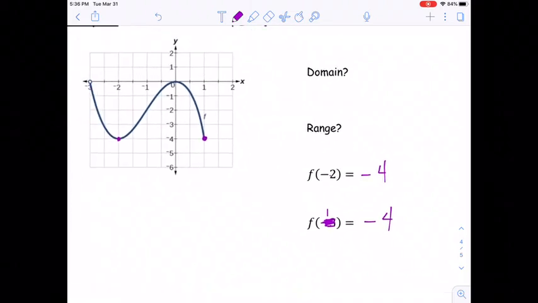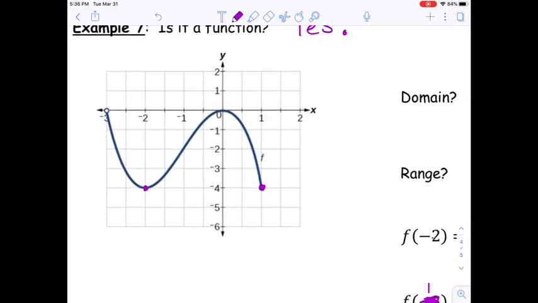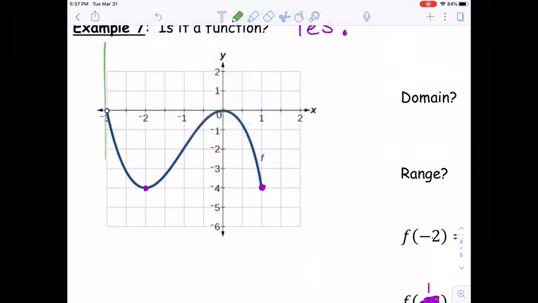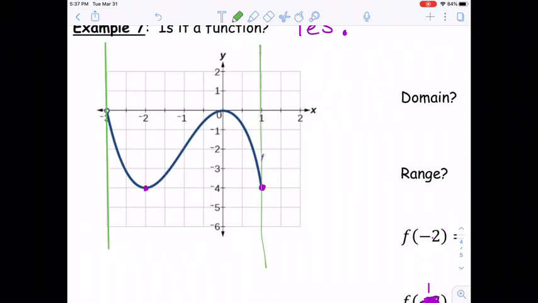Now we'll look at the domain. Domain is all the values that can go in. They're all the x values, anywhere on the x axis. So one way to think about it is, what are all the x values from left to right?